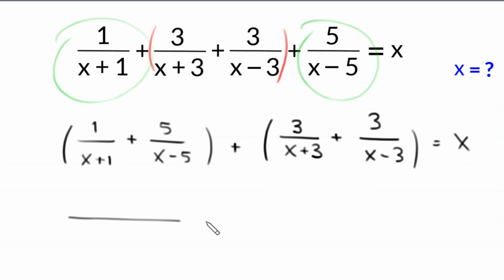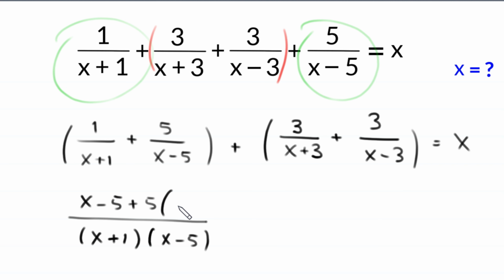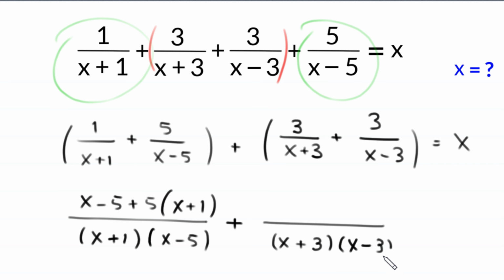The LCM of x plus 1 and x minus 5 is x plus 1 times x minus 5, and this will become x minus 5 plus 5 times x plus 1, plus the LCM of these two denominators is x plus 3 times x minus 3.